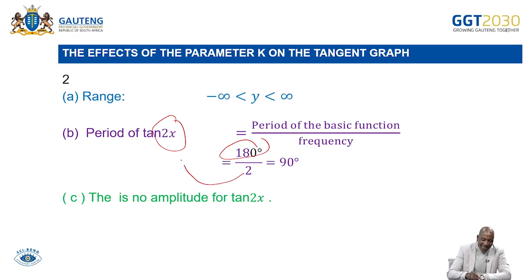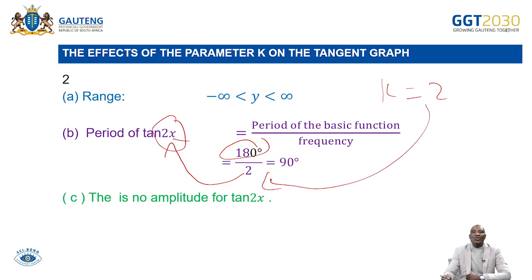We then divide by that 2, which is our parameter k equals 2. We have introduced our k, which equals 2. When we divide the original period by 2, it will give us the new period for the new graph, meaning our tan 2x graph will complete its cycle after every 90 degrees.